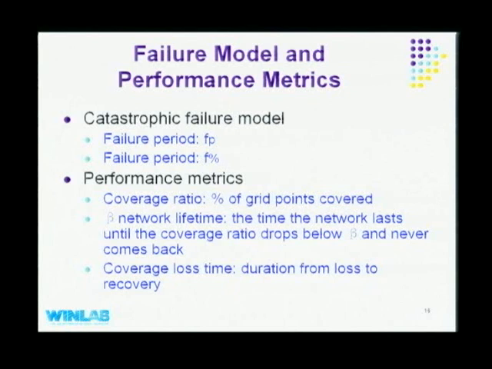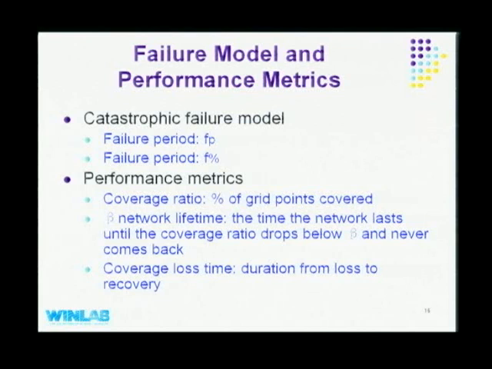In this model, a catastrophic event happens with an average period of FP, and at every event, an average percentage F of nodes will die. Here the percentage is of the living nodes, excluding those which are already dead.